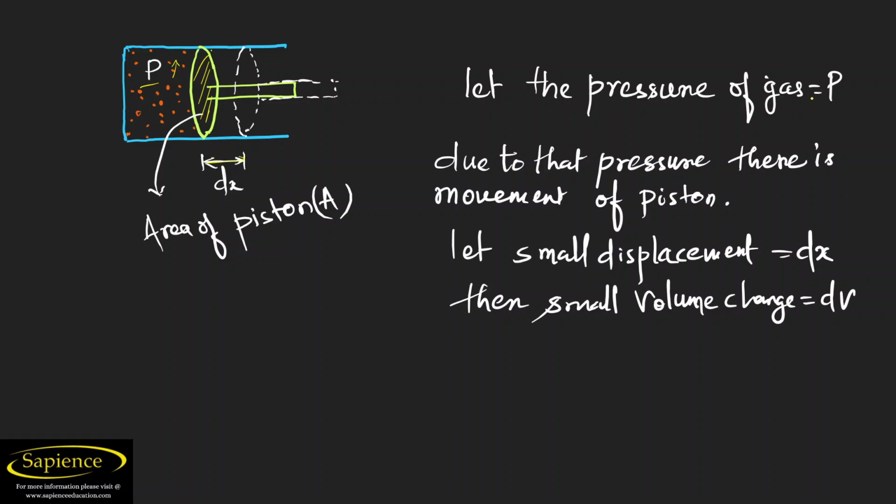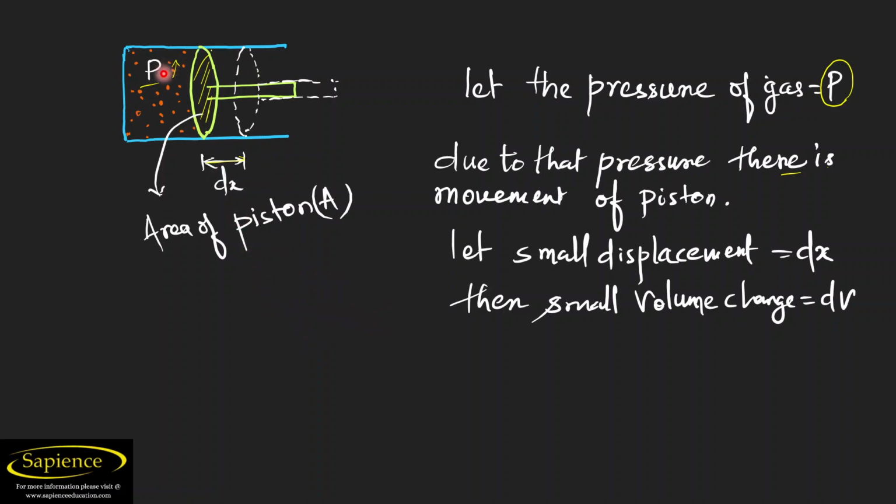Let the pressure of the gas be P, and due to that pressure there is a movement of the piston, and let a small displacement dx happen. Then the volume changes as the piston goes up. So a volume change will happen.